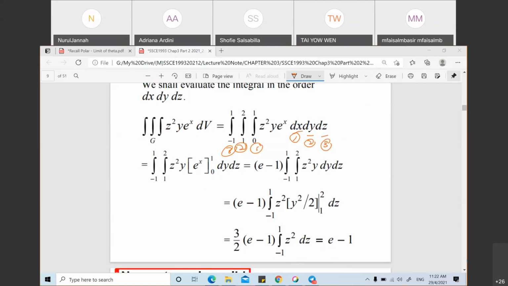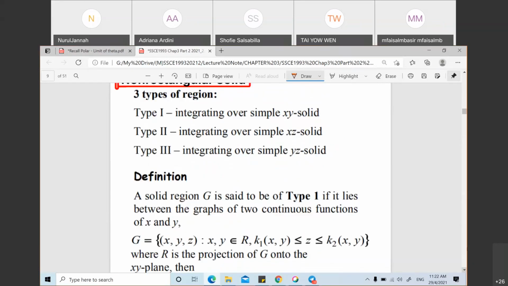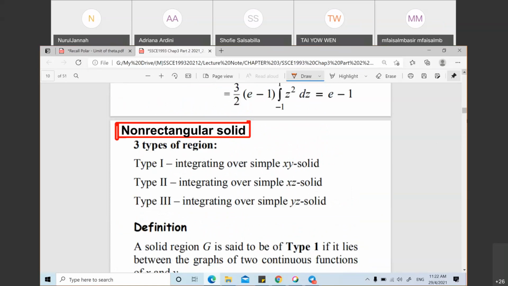Okay, next is about the non-rectangular solid. This is a little bit harder than the rectangular solid. Type 1, integrating over simple xy. Type 2, integrating over simple xz. Type 3, integrating over simple yz.